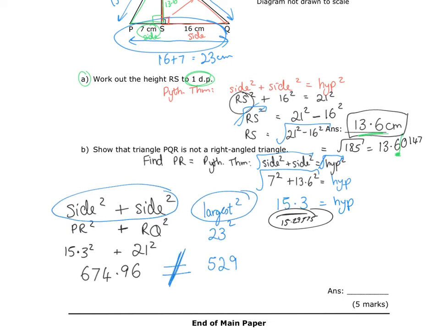No, they are not equal to each other. So it is not a right-angled triangle. Side squared plus side squared is not equal to largest side squared, therefore not right angled.